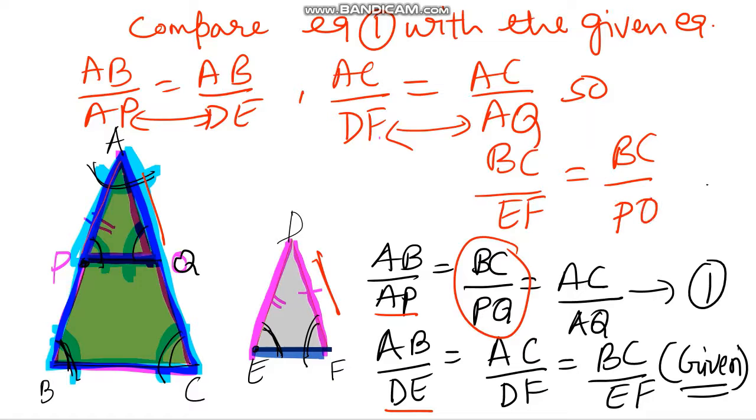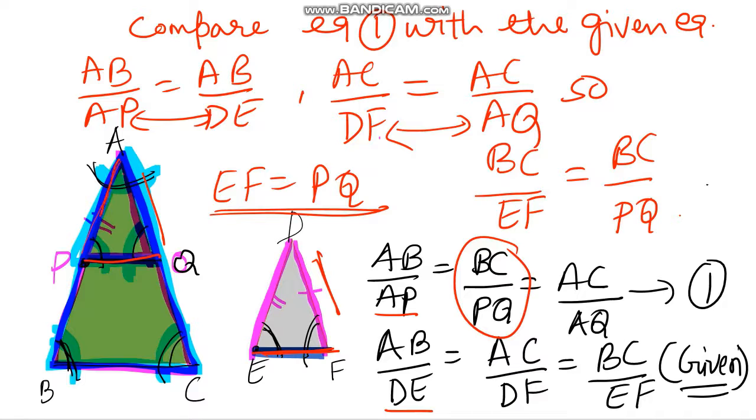BC by PQ. So from here, what do you infer? We infer that EF is equal to PQ, isn't it? We conclude that EF is equal to PQ. Originally, please look at these triangles APQ and DEF.